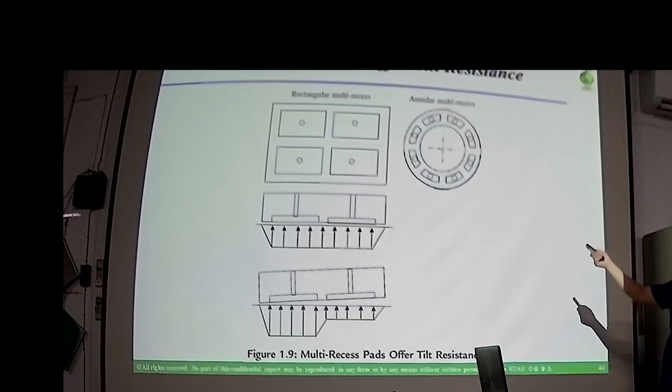I would say you have this kind of multi-recess design because it's better for resisting the tilt moment. 通常的话都是会用多油腔的设计，比较常见的是4、6、8个。The hole you see here is the inlet hole to supply the lubricant.